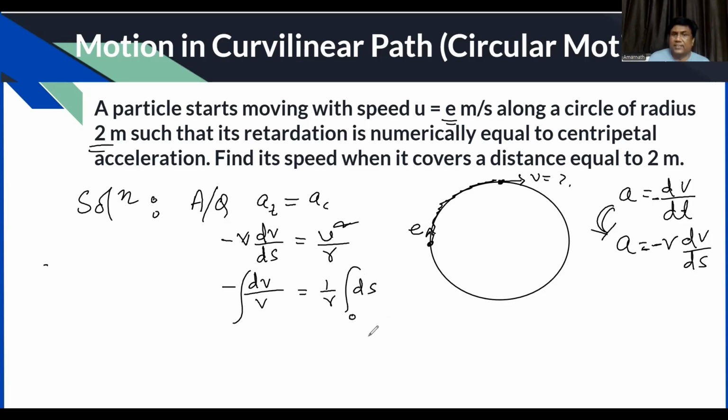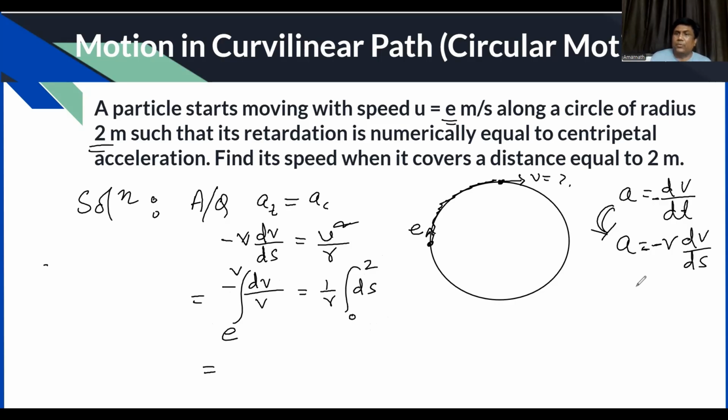Integrate. When the distance traveled is 0, the velocity was e, and when the distance traveled is 2, I don't know the velocity. That is the question only.